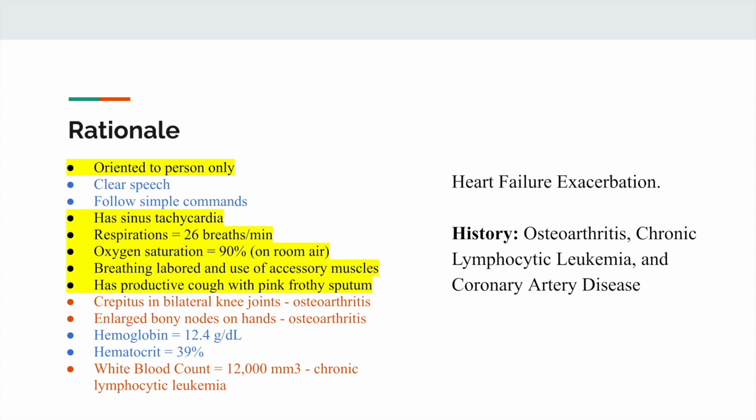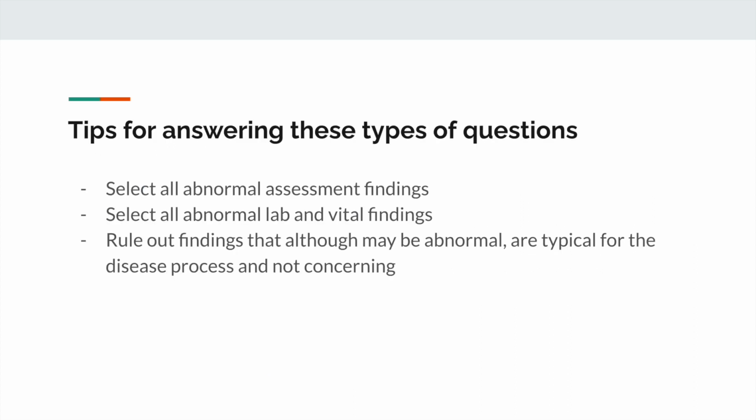So what I would recommend you guys do, and I know you will likely get a question like this on your NCLEX, is to first select all abnormal assessment findings. So look at your assessments, select all the abnormal assessment findings, then go through and select all abnormal lab and vital findings. You can do this simultaneously too if you want, but go through each one. Is it normal or is it abnormal?